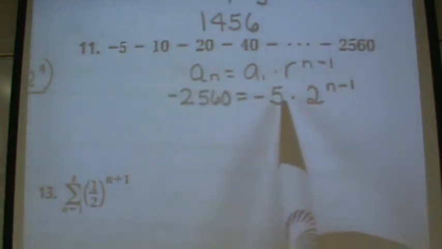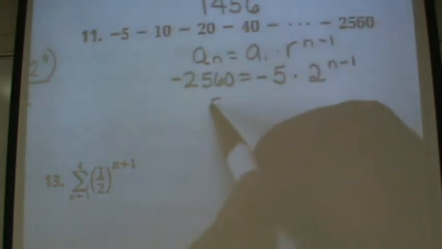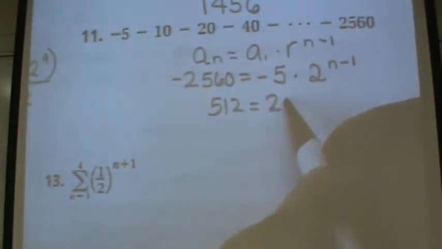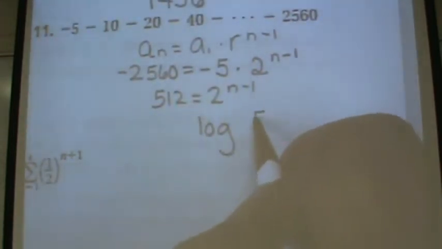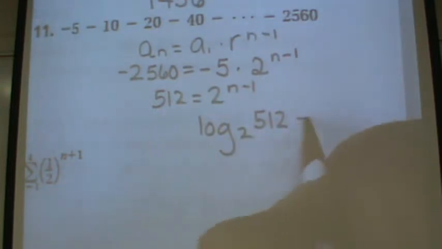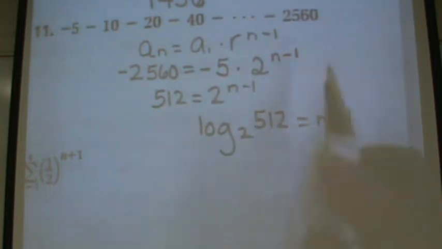I want to eliminate this negative 5, so I'm going to divide negative 2,560 by negative 5, which gives us 512. So this is going to be the log of 512 base 2 is n minus 1. What'd you get? You get 9 here, and then add 1, you get 10.